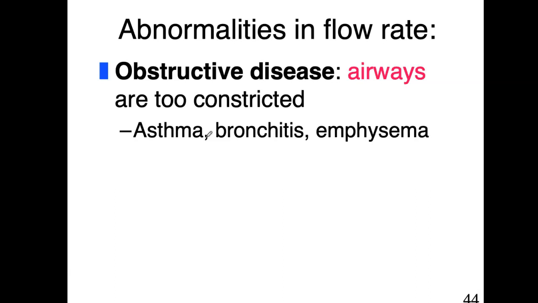So if the airways are narrowed, the lung otherwise seems fine and the alveoli are fine, but getting air into them is too constricted. So that's the example I just gave of asthma. You could have bronchitis. You have a lot of mucus in there, so getting the air to the lung is the problem. So that is called an obstructive disorder of the airways.